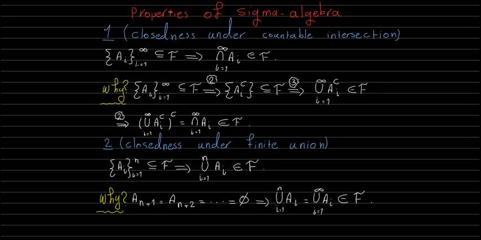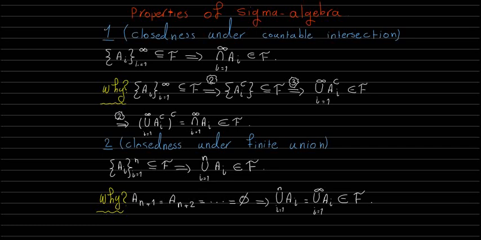The first property that we can derive is the closedness under countable intersection. As we saw in the properties of sigma algebra, it's closed under countable union. So if we have a sequence of elements of F, then their countable intersection is also in F. And the reason is every element that you choose from F, its complement is also in F. This is the second property.